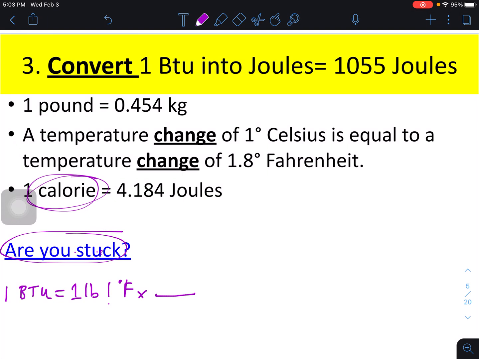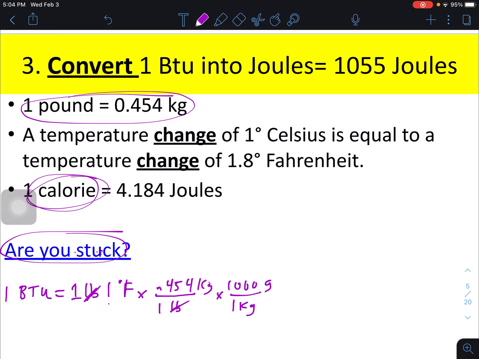The first conversion factor that we'll talk about is going from pounds to kilograms, and that's right up here. We see that for every 1 pound, we have 0.454 kilograms. Okay, and that gets rid of pounds. The next conversion, we're going to go from kilograms to grams, and we know that for every 1 kilogram there are 1,000 grams.